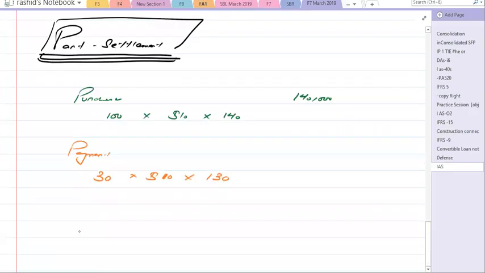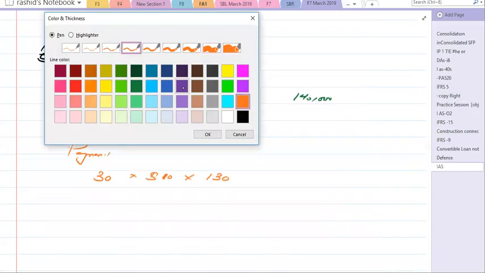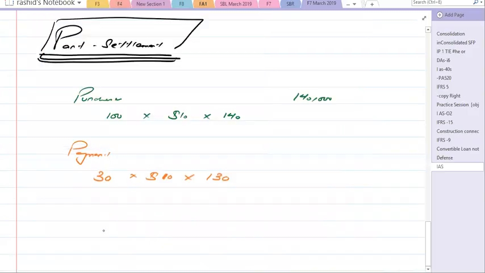And now how much is remaining? The remaining liability will be for 70 units. 70 into $10 and into 130 gives you 91,000.